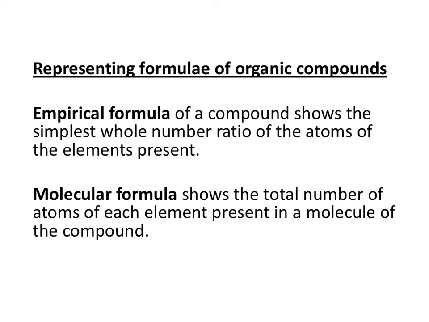So we'll finish off with these two. The empirical formula of a compound shows the simplest whole number ratio of atoms present, and the molecular formula shows the total number of atoms present. So for example, let's have a look at butane. Butane has the molecular formula C4H10.